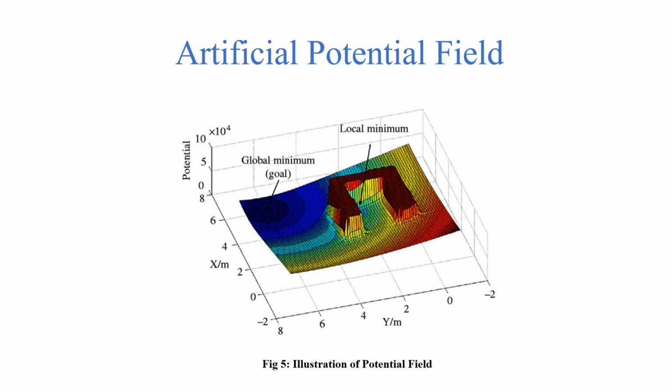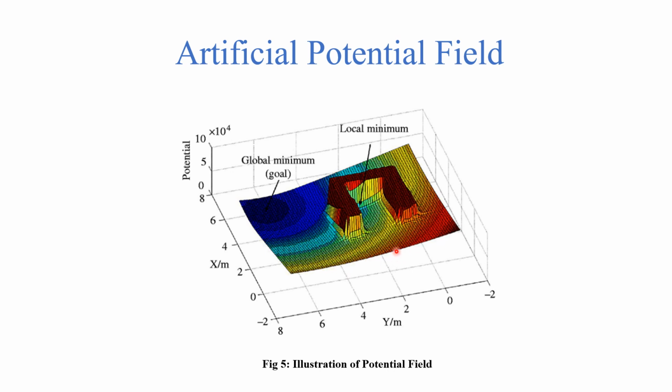Now, this figure right here shows an illustration of the potential field method. In this case, we see that we have a goal, which is a global minimum. This right here is an obstacle. You can see that the potential associated with it has quite high values at the boundaries of the obstacle. So in ideal cases, the robot should slide down the surface towards the global minimum.